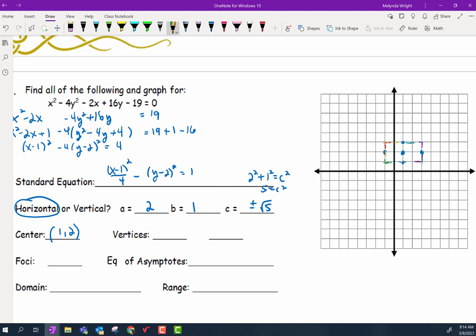The asymptote goes from the center through the corners of the box. That's really the benefit of the box. Okay, I know it would be better if I got my little ruler out. I love that little ruler.